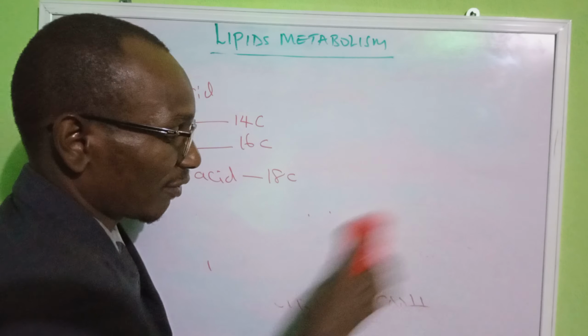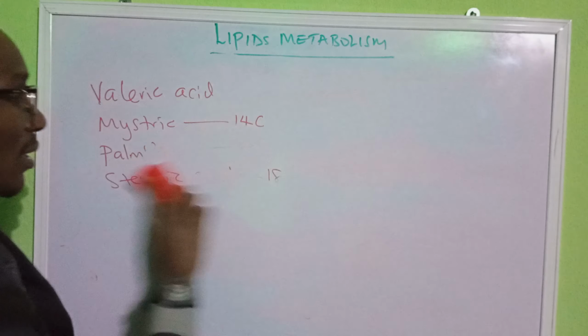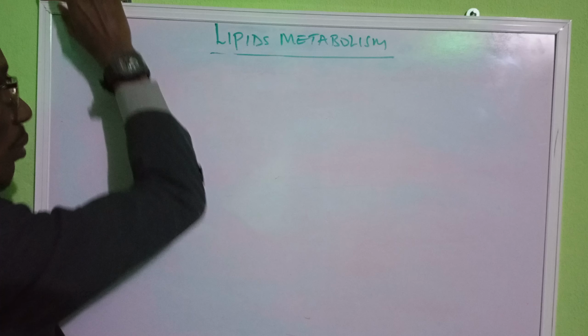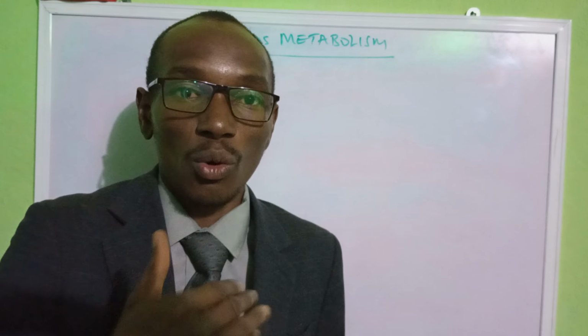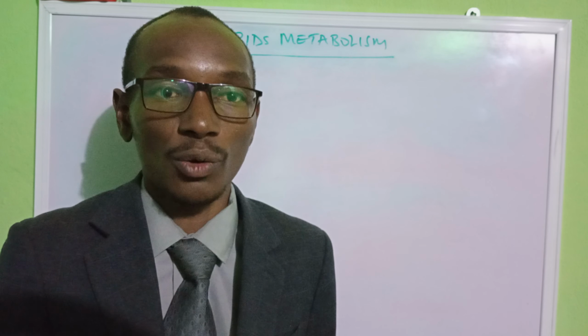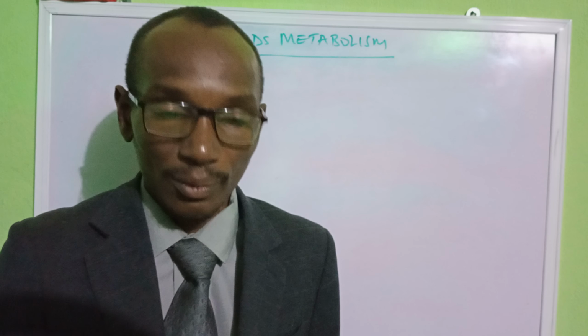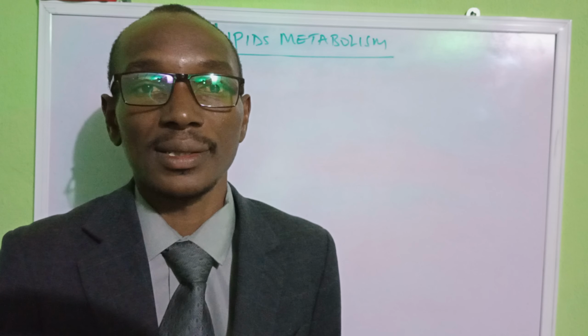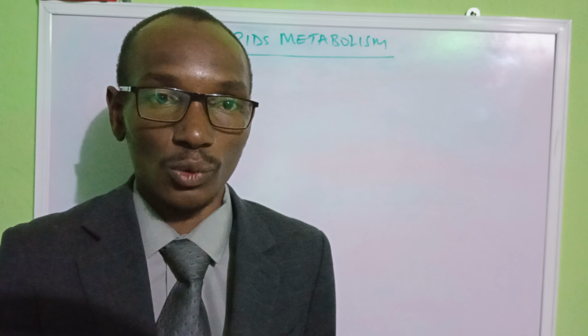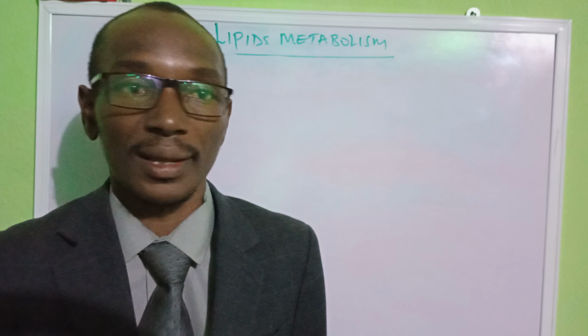Now, unsaturated fatty acid. This acid consists of double bonding between the carbon atoms. It can be monounsaturated fatty acid, polyunsaturated fatty acid, or eicosanoid fatty acid. When we talk of monounsaturated fatty acid, it is an unsaturated acid that consists of a single double bond.